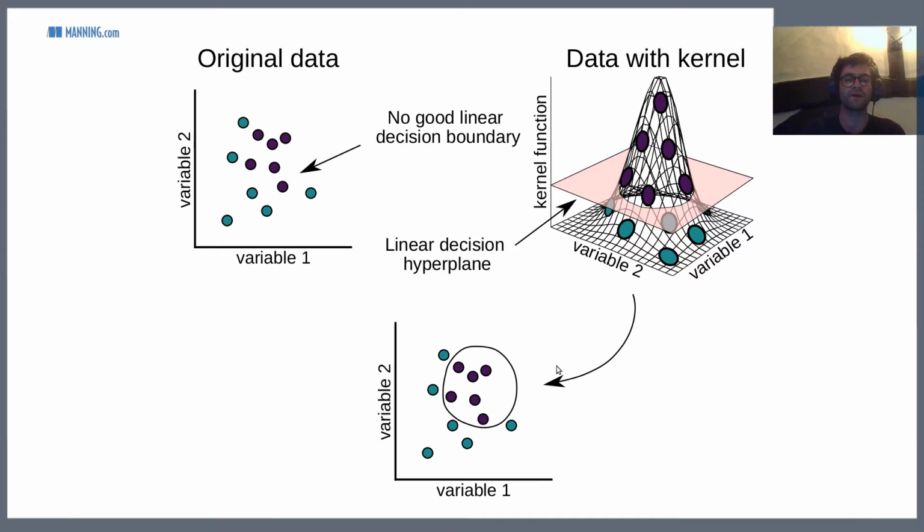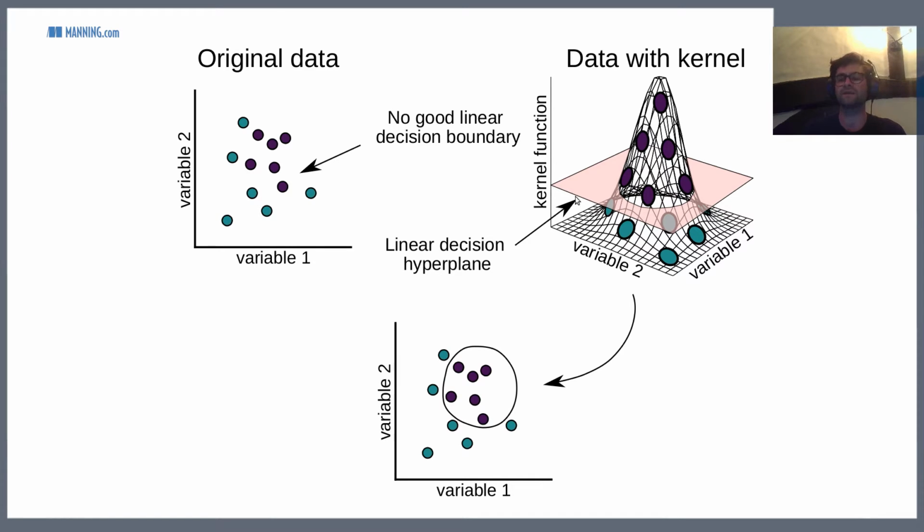So here's an example where I've got two different variables and with data belonging to two different classes, and there is no linear decision boundary here that could help us separate those two different classes. But the support vector machine can use a kernel function to add a new dimension to your data set that kind of stretches or deforms your feature space in such a way that now there is a linear hyperplane that exists that is able to separate the classes.